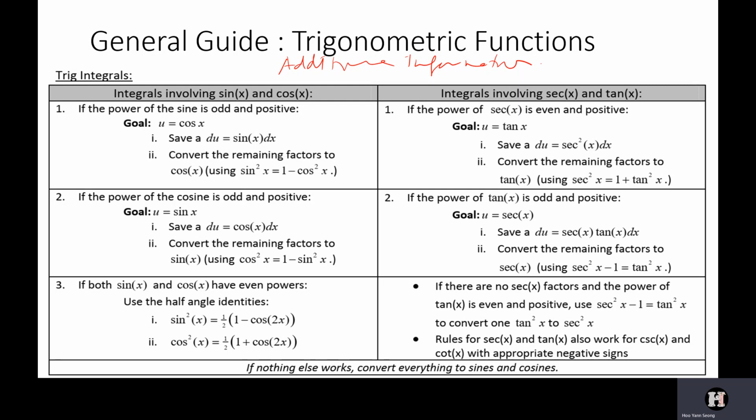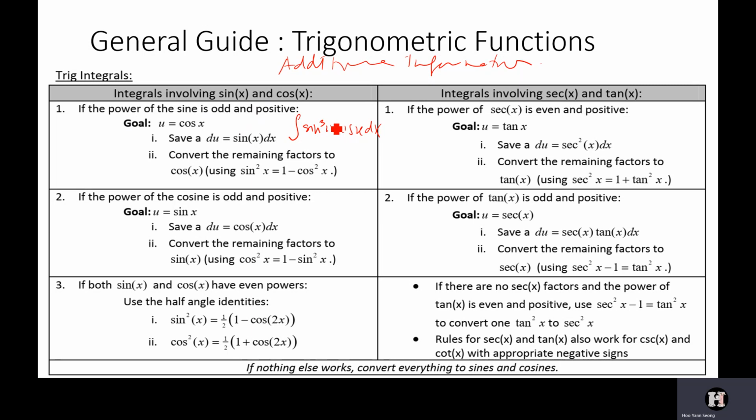Over here, the first thing is this involves sine and cos. If the power of the sine is odd and positive, in the combination of sine and cos, you choose u as cos x. One example is integrating sine cubed x with cos x.